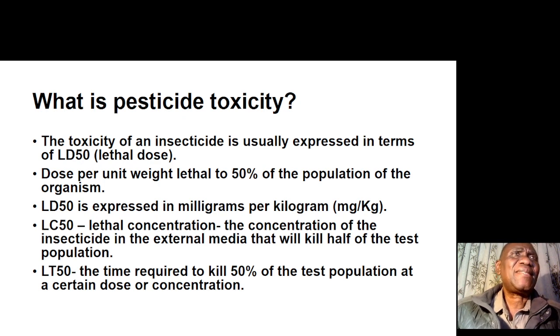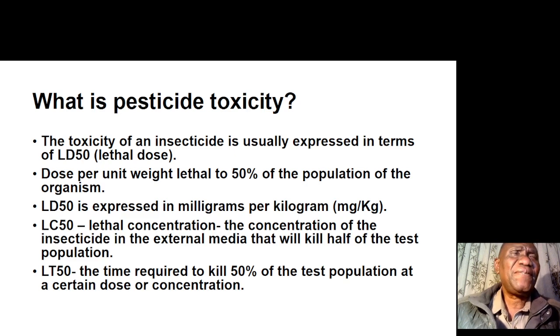In other words, it is the dosage which can kill about 50% of the population of test animals if we are administering that pesticide to a population of animals.